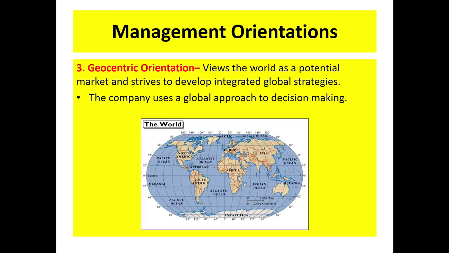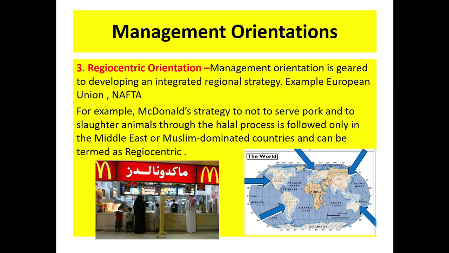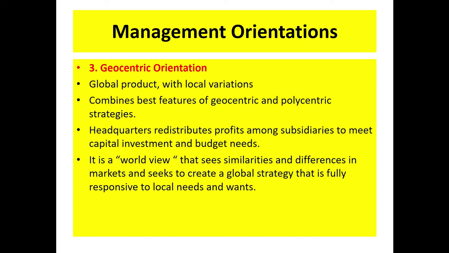And then we have the geocentric orientation. They view the world as a potential market and strive to develop integrated global strategies. So the company now uses a global approach to decision making. Here we have so-called global products with local variations. They combine the best features of geocentric and polycentric strategies.